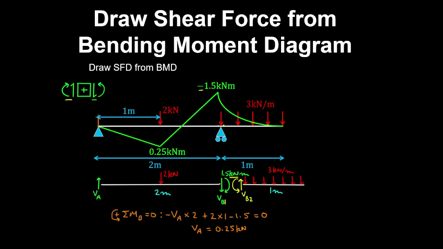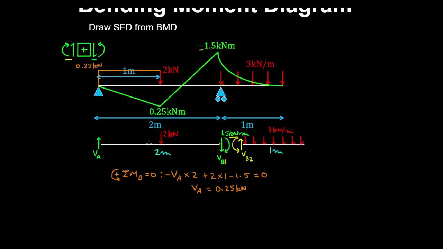And a positive shear force diagram is drawn on the top of the beam. And here we know the shear force is constant because there's a point load acting on this segment. And if you take a vertical equilibrium of forces for this first segment, with upwards being positive, we have the shear force at A minus a 2 kilonewton point load minus VB1 is 0.